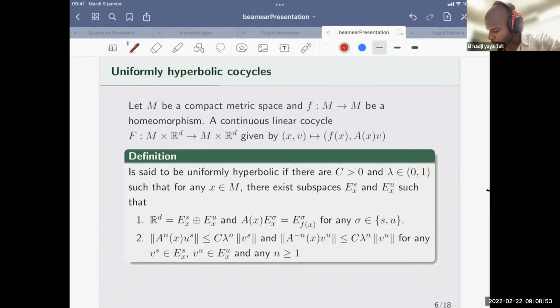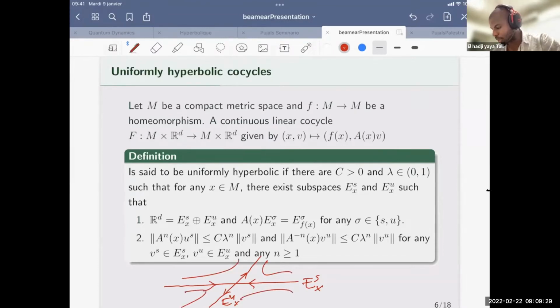So you have some subspace here, Es(x), and the other subspace here, Eu(x). Vectors that lie in Eu(x) are stretched by a factor 1 over lambda, sorry, and vectors in Es(x) are contracted by the factor lambda. Everything else in between, trajectories are going to infinity, either in the past or in the future.